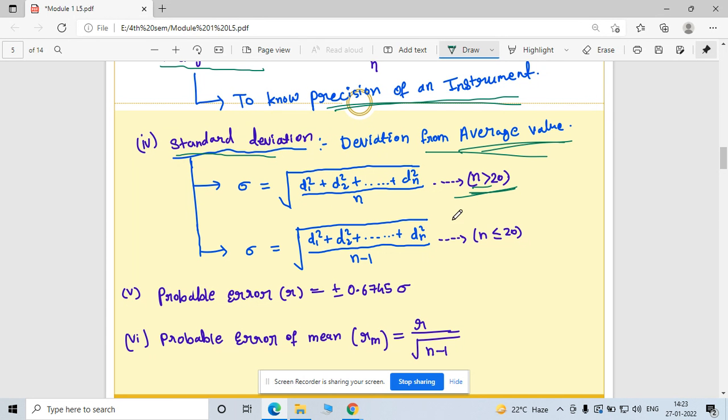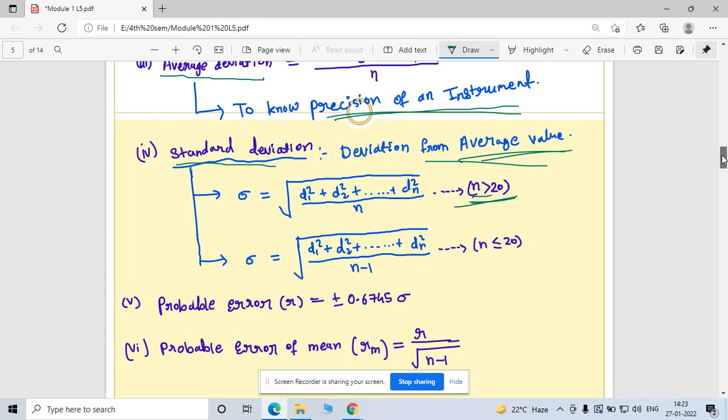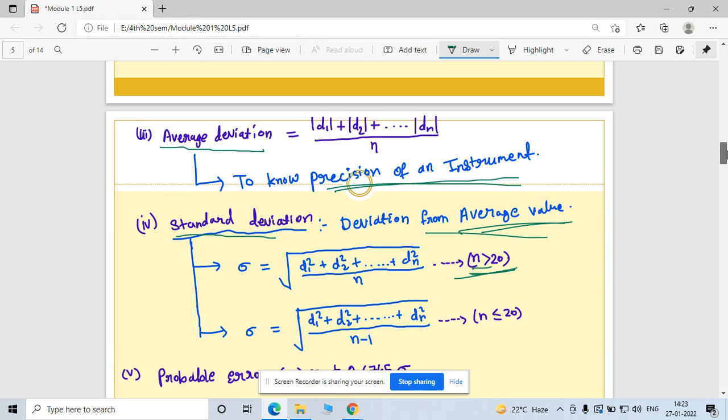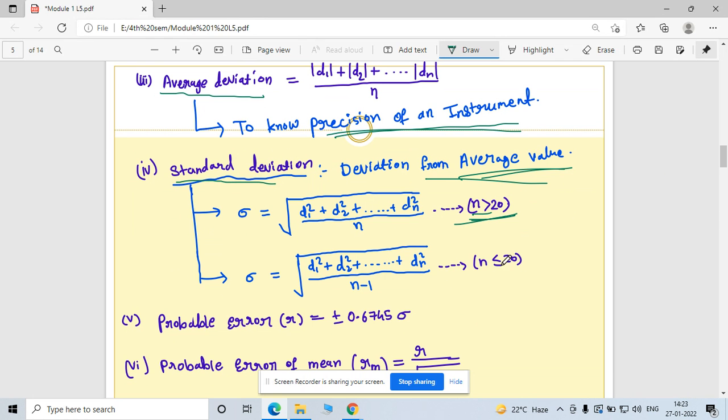When the number of observations is less than 20, you use the formula where sigma is the square root of the same numerator, but with n minus 1 in the denominator.